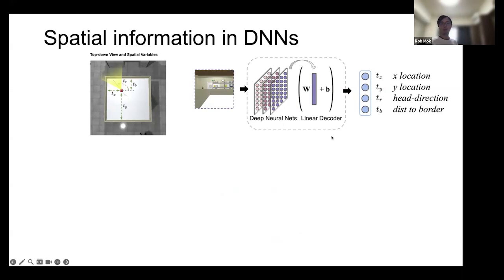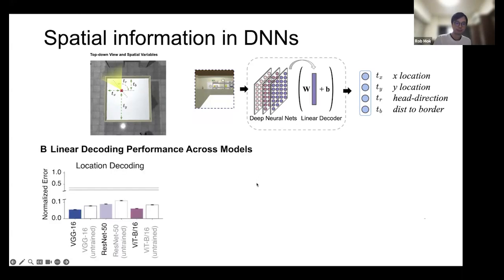So we used a linear decoder to test whether these models had spatial information. In this case, XY location, head direction, or distance to border, and we leave 30% out, training on each of the layers of the deep neural networks to see how much information was there.